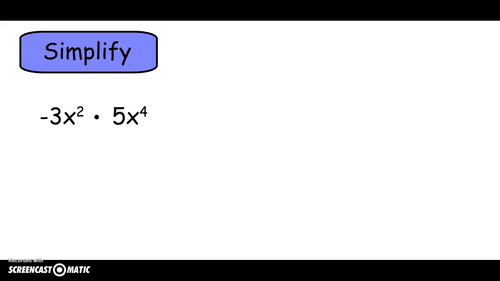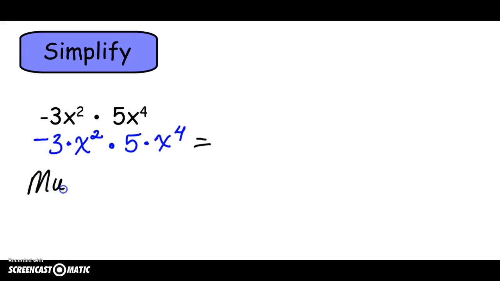Now, what happens if I have funky exponents? Well, you just break them apart. So negative 3x squared is negative 3 times x squared. And then I'm multiplying that by 5 times x to the fourth. If you can remember, the associative property of multiplication tells you that you can multiply in any order that you want. So I'm going to multiply the numbers first.